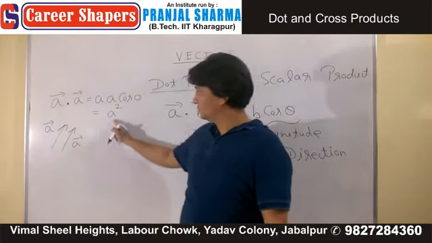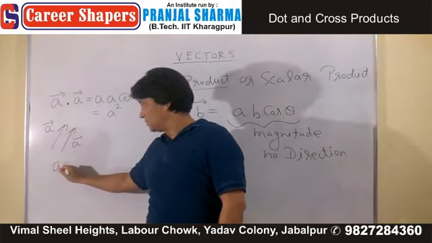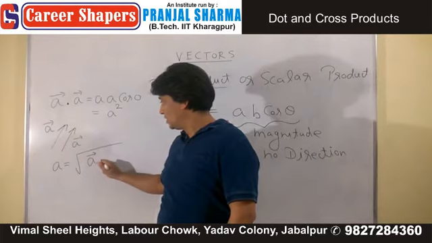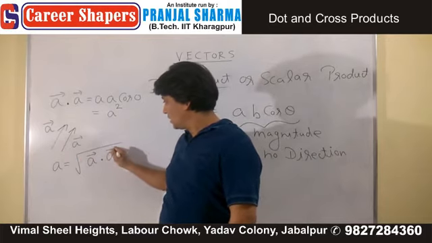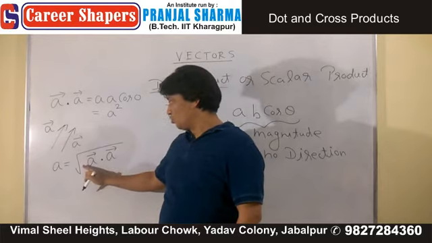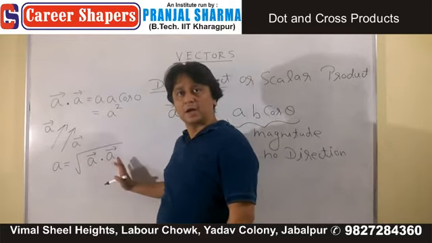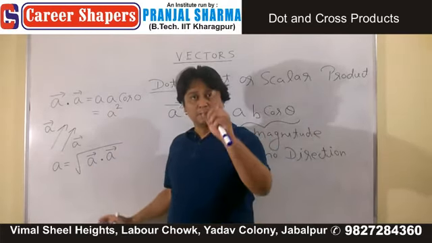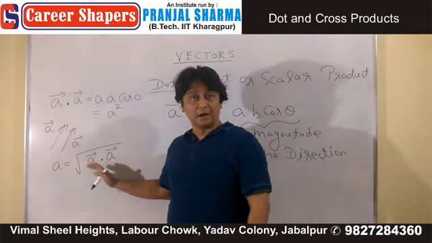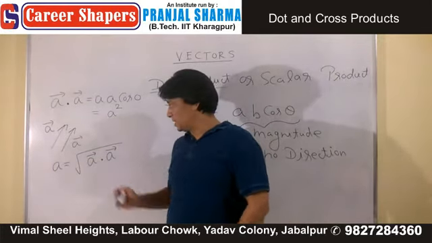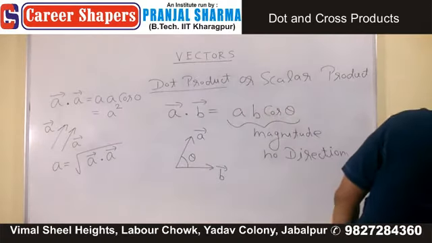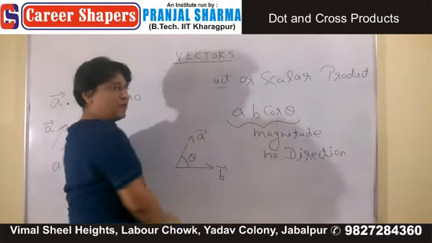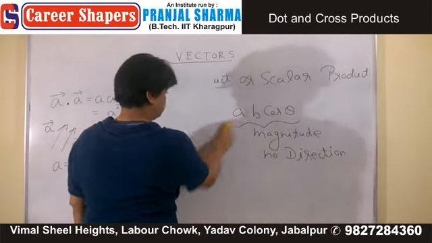If this is A square, then A is also root over A dot A. Same thing, but this is something which we already did in today's class, and I will come back to this part. Before that, let's go for the dot product of unit vectors like i, j and k.